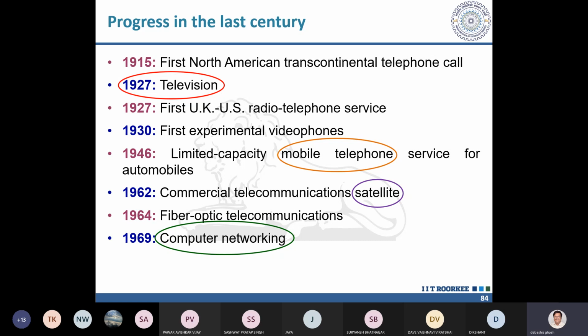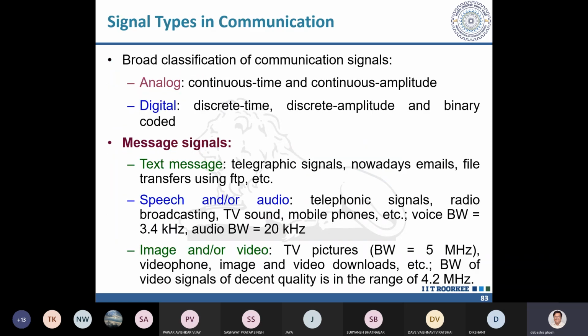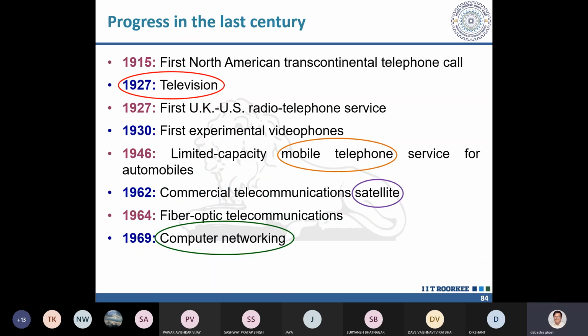Before that there was no picture communication, only text and speech. Image and video communication came into being when television came up in 1927. Then you have video phones and all these things.